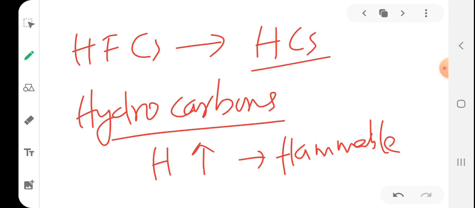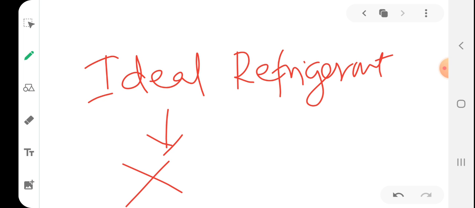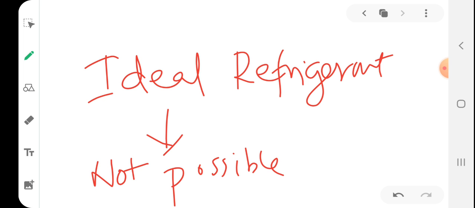There is no ideal fluid. There is no ideal refrigerant. Every refrigerant has its own disadvantages and advantages, so an ideal refrigerant is not possible. So we select a refrigerant based on our requirement.